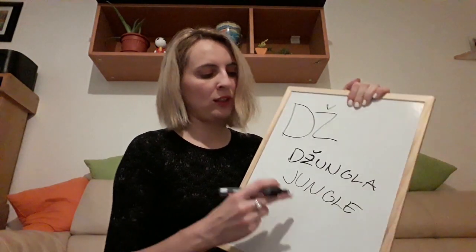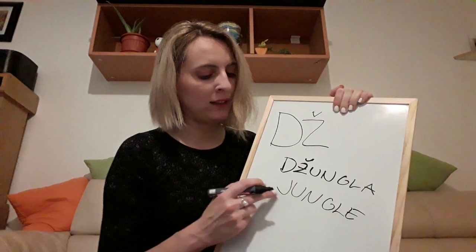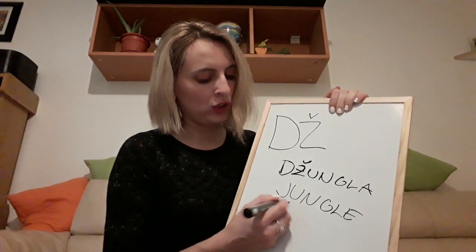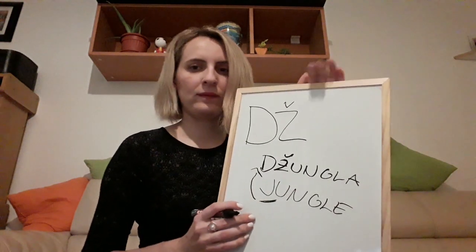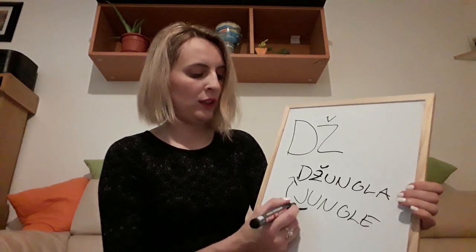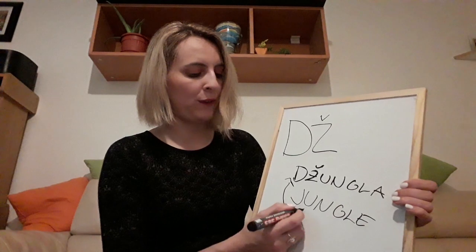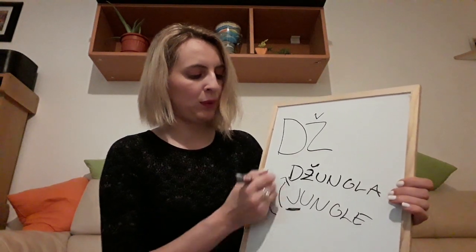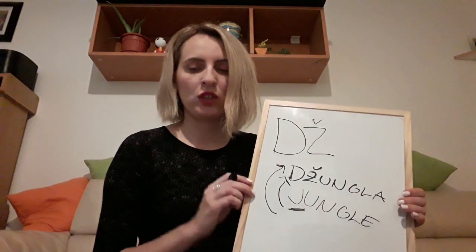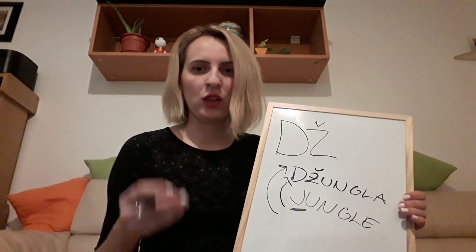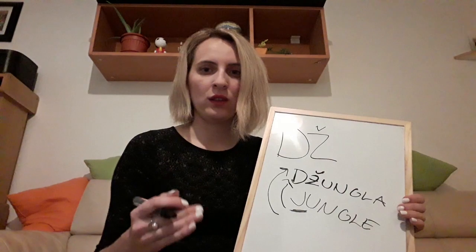So jungla is a jungle, and this j is actually this. So in jungle, the first letter is pronounced like the Interslavic letter j. Jungle. Jungla means jungle. Okay. Good.